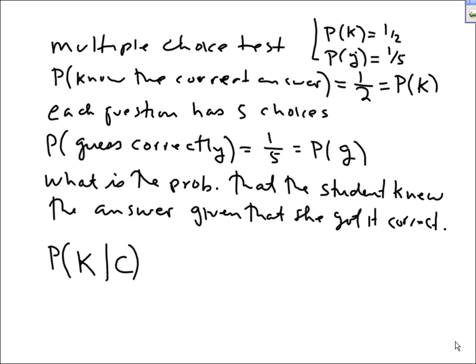Okay, so let us reverse this. Because I don't know this answer. I don't know, well, maybe I know one, but not both. What's the probability that you know it and you're correct?